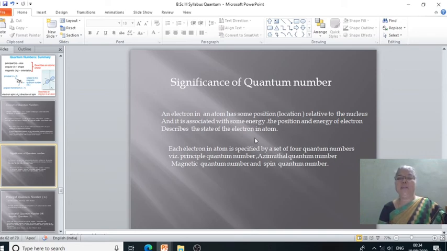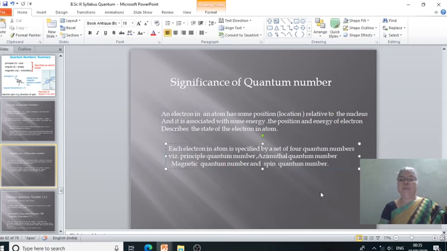The position and energy of electron describes the state of the electron in an atom, and each electron in an atom is specified by a set of four quantum numbers, and those four quantum numbers are principal quantum number, azimuthal quantum number or angular quantum number, magnetic quantum number and spin quantum number.